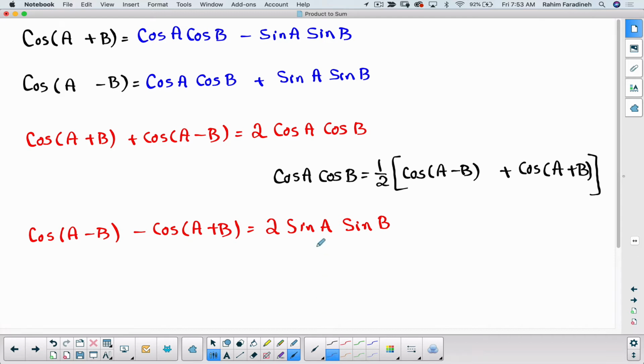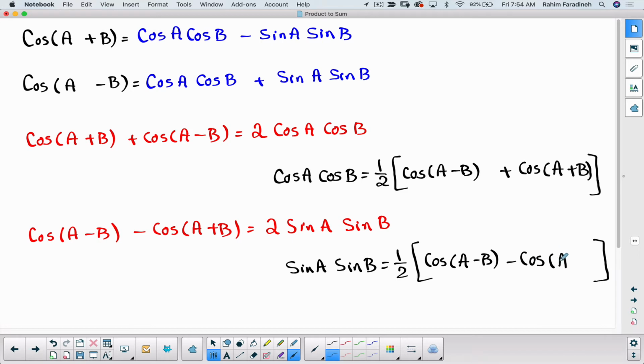Again, I'm going to isolate sine a sine b by simply dividing by 2. So sine a sine b will be 1/2 times cosine of a minus b minus cosine of a plus b.